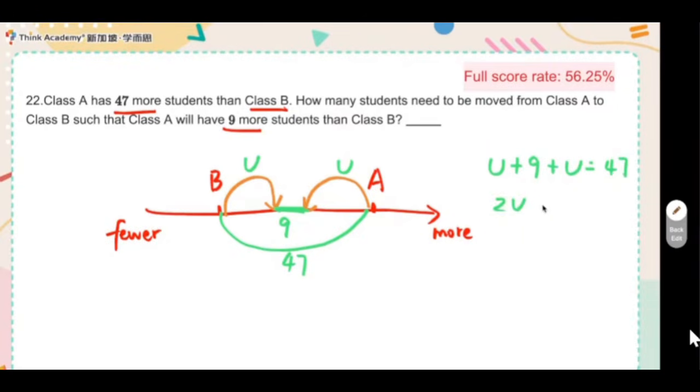That means 2 units equals 47 minus 9 equals 38. So 1 unit equals how many? 19. So we can see unit is just 19. How many students need to move from A to B? 19, right? 19.